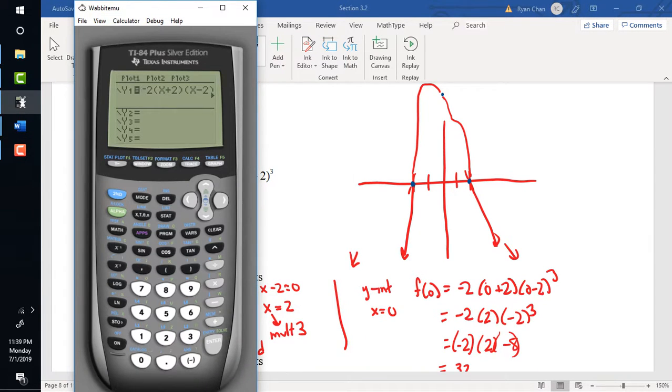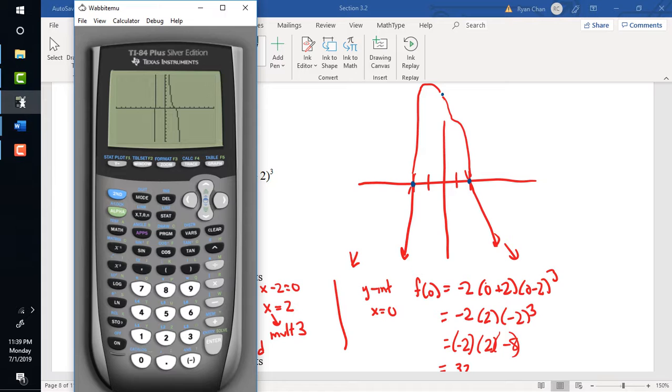Sorry, let's try this one more time. If you messed up, just delete the whole thing and start all over. There we go. Let's take a look at this.